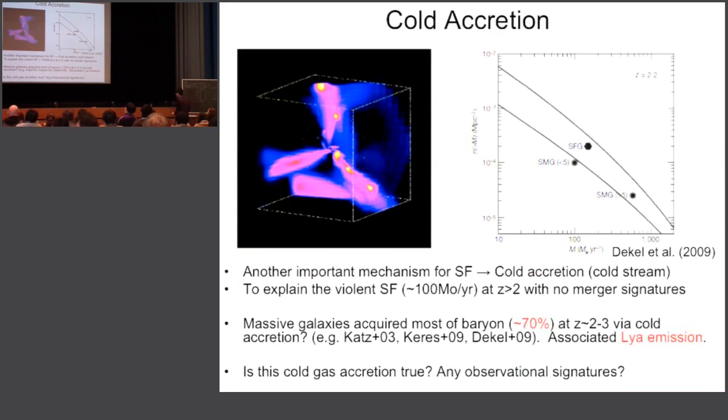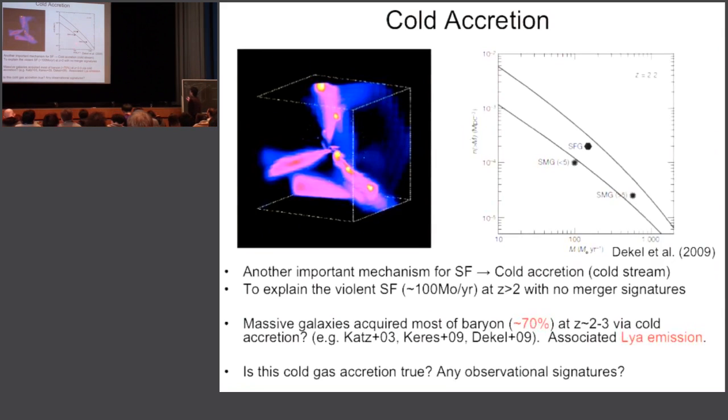So this idea is very useful, because at redshift 2, well, this is the argument of the classic Dekel paper, there are so many highly star forming galaxies, like 100 solar masses per year or so, like Lyman break galaxies or SMGs and so on. Many of them do not show merger signatures.